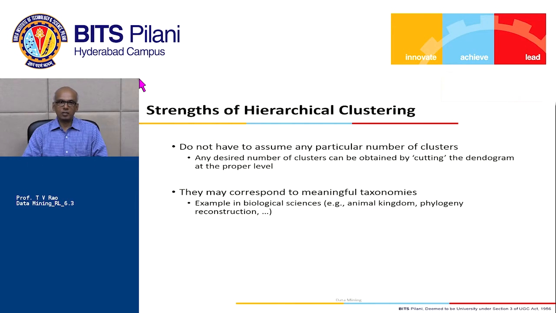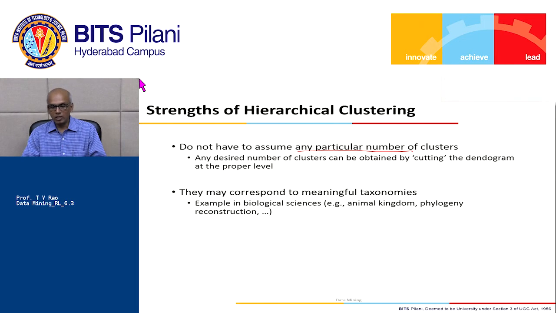The strength of hierarchical clustering is, first, that it does not assume any particular number of clusters. If you remember k-means, the problem was that it assumes the number of clusters that are going to be finally created. And this also represents the real world taxonomies in many areas.